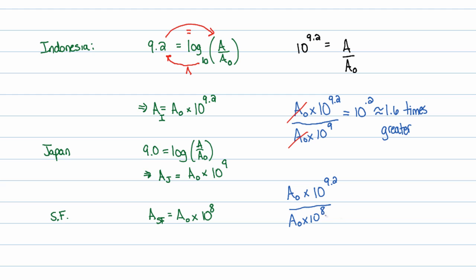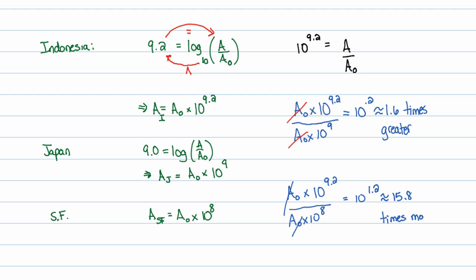Now we'll go ahead and cancel the A naughts because they will cancel. And you get that this is equal to 10 raised to the 1.2 power. And 10 to the 1.2 power is 15.85. I'll just say 15.8. Roughly 15.8 times more powerful.